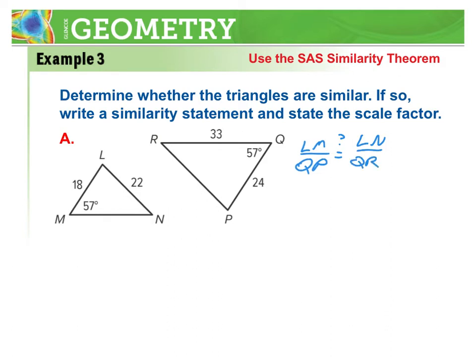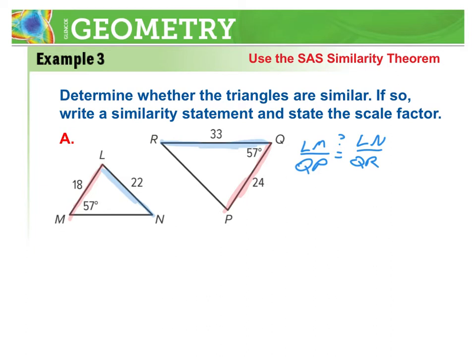And the reason for that is because LM and QP are both the shorter sides of their triangle, and LN and QR are both the longer sides of their triangle.